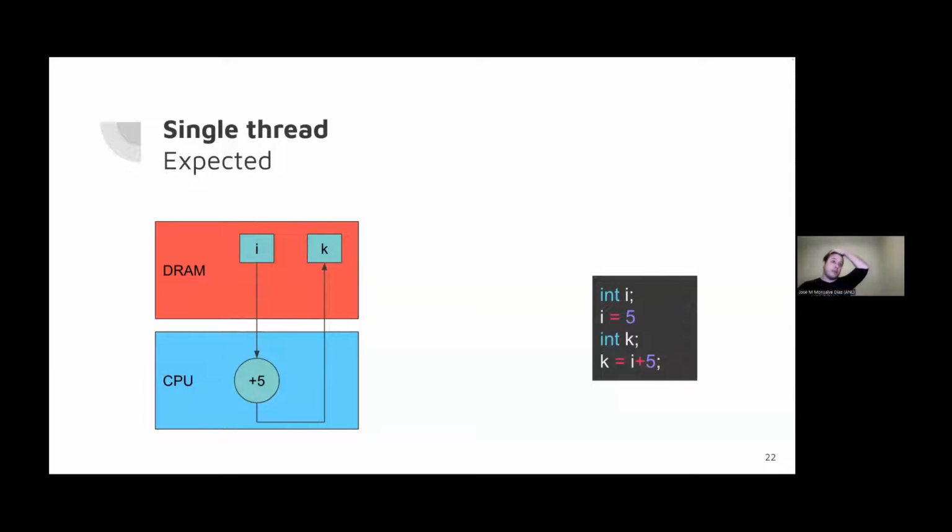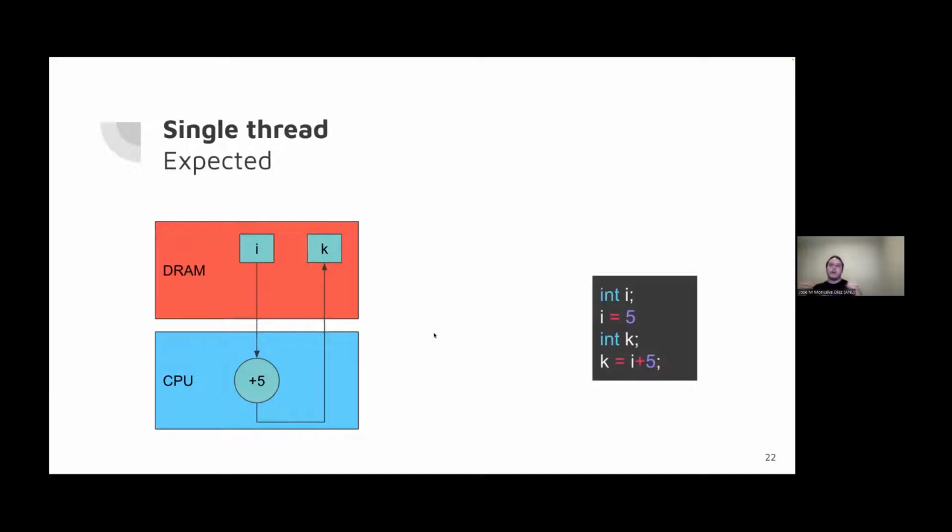So if we are programmers and we are trying to implement something like this code on the right, where we have a variable called I, we assign I equal to 5, and we have a variable called K, and we make K equal to I plus 5.